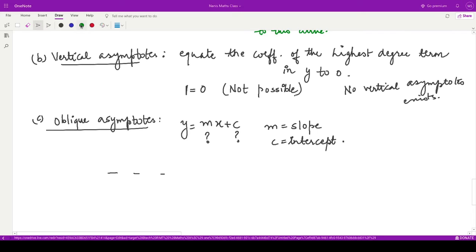For that we have a certain formula. If the degree of the given curve is n, we construct two polynomials: phi n, containing all the terms with degree n, and phi n minus 1, containing all the terms with degree n minus 1.